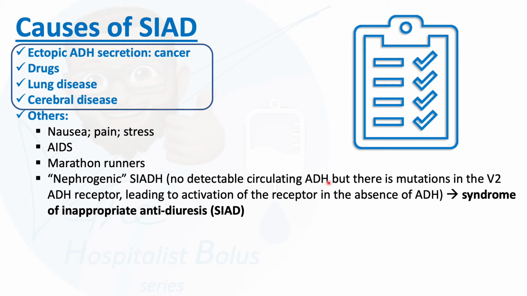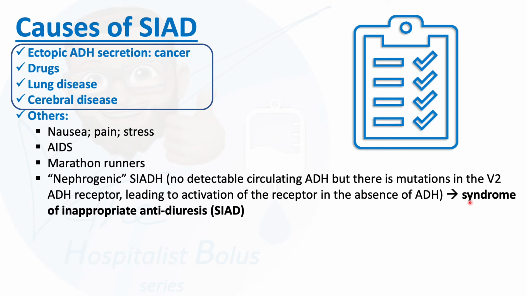available anyway. But sometimes there's no increase in the ADH level in the serum, but there are actually mutations in the V2 receptors in the kidneys. And this will lead to false activation of the receptor, perceiving that there is ADH but there is none, and that will lead to ADH activity without an actual stimulation by ADH.